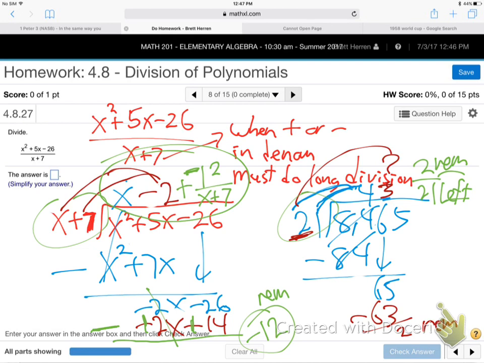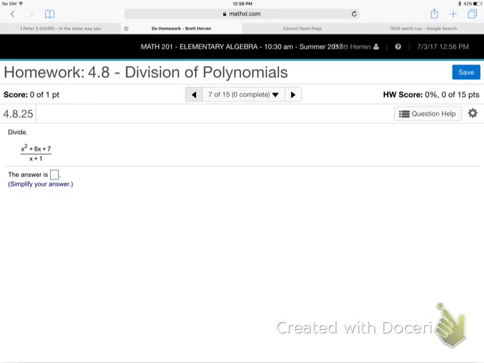Is that good? You want to try that? This is the messy stuff. This is the try it. Okay. So number 7. How would you look at number 7 and know that you have to do long division? What is the mark, the indicator?